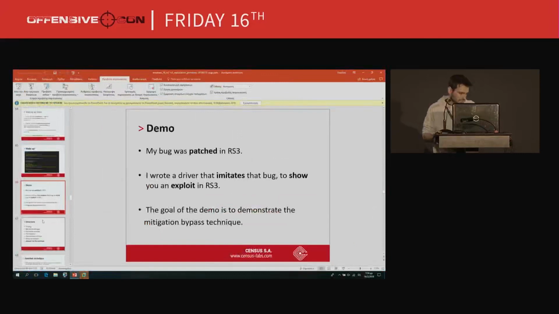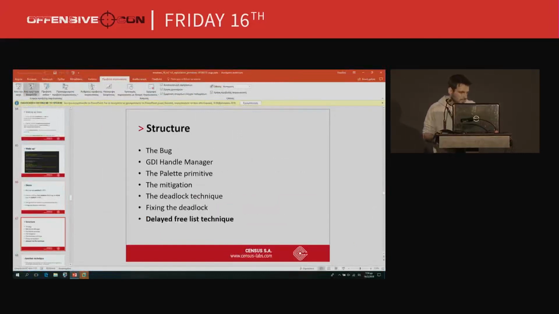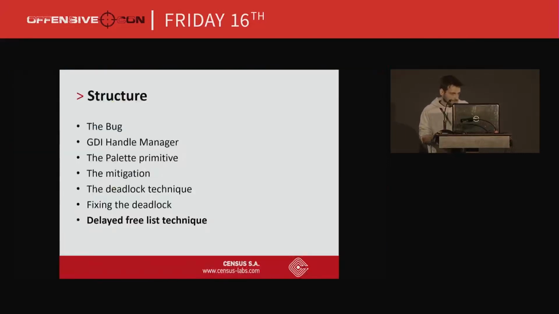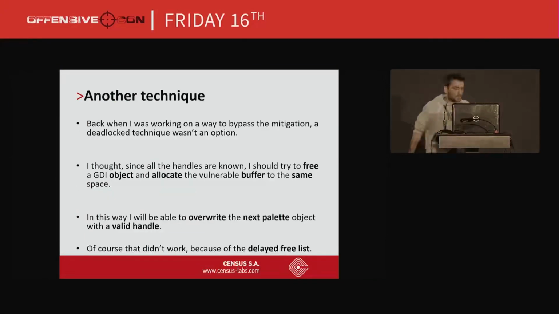So back to the presentation. So yeah, back when I wrote a proof of concept for the bug that I found, I was aware of this deadlock technique, but that wasn't an option for me. I was actually trying to come up with a fully working exploit.